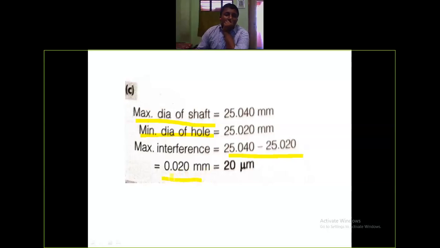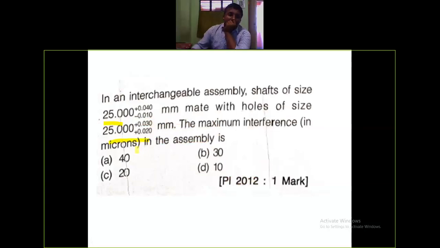But they have asked for the maximum interference in micron. 1 micron is equal to 10 to the minus 6 meter. So if you convert this millimeter first into meter and then micron, you get the answer 20. So the correct option will be C.